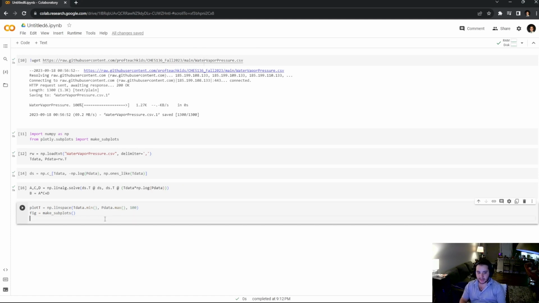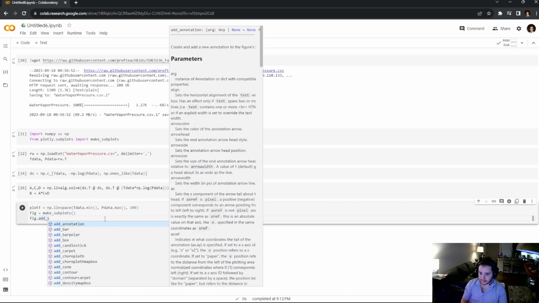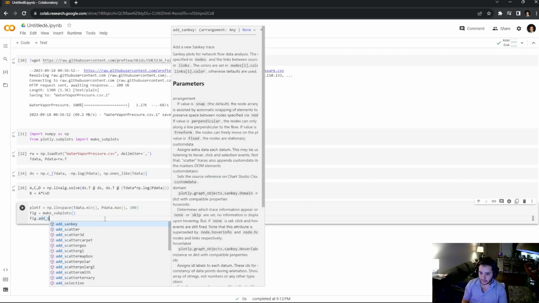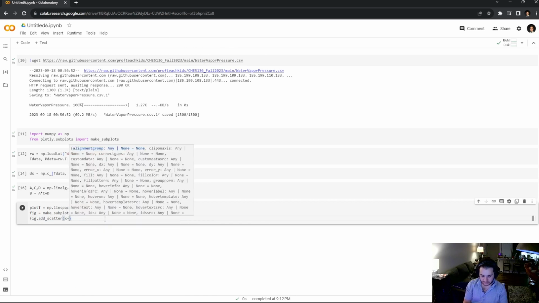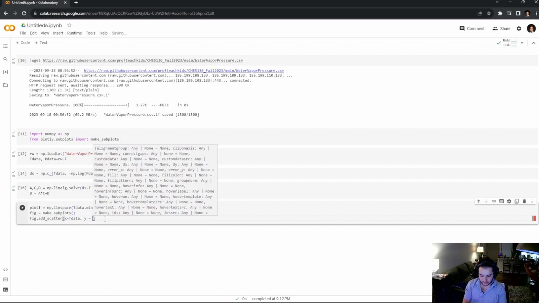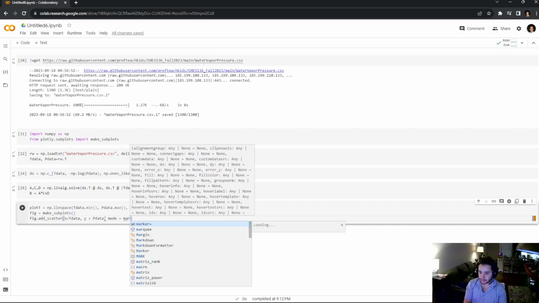So now we need to add our actual data points in there. So we do fig.add_scatter, x is equal to T data, y is equal to P data, and then mode to markers.